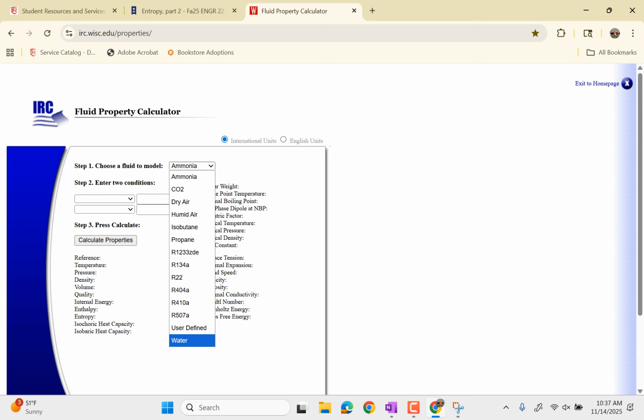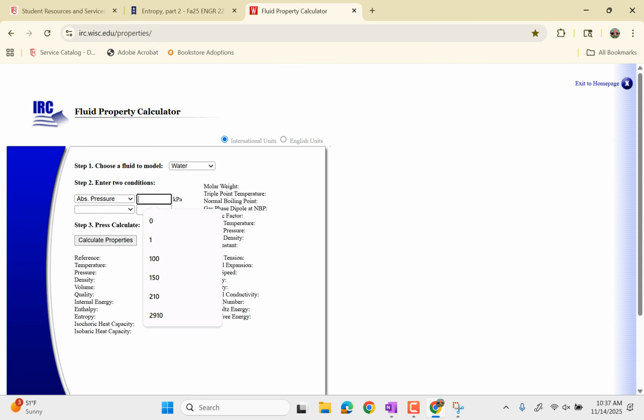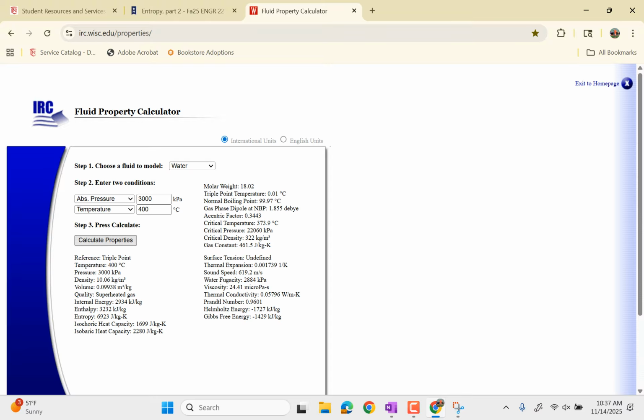This is water. So 30 bar is 3,000 kilopascals. Temperature is, what was it, 400? So specific enthalpy is 3232 times 10 to the third.